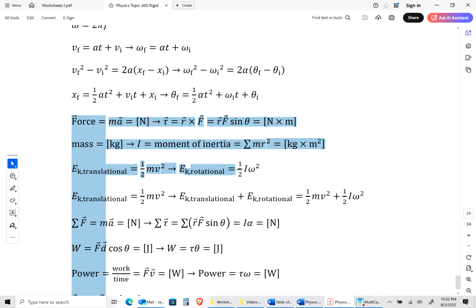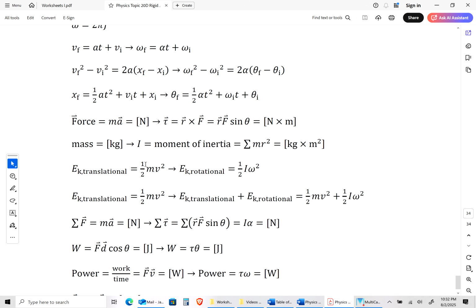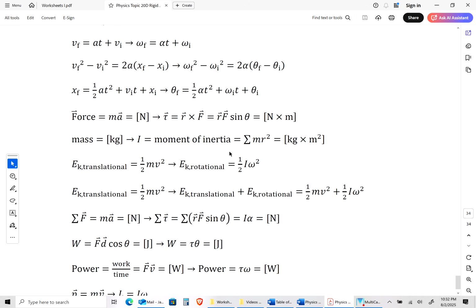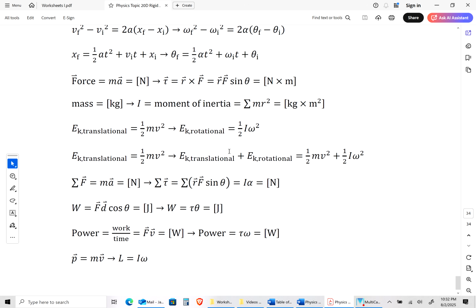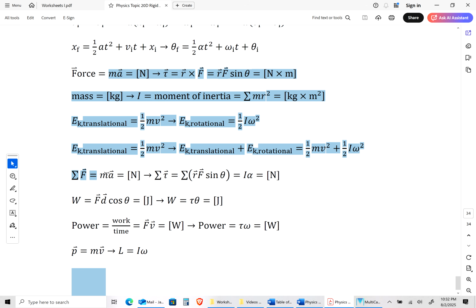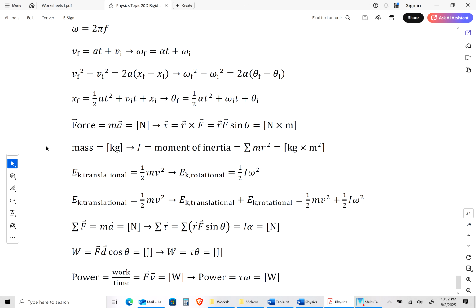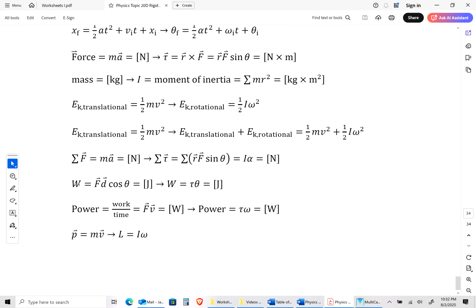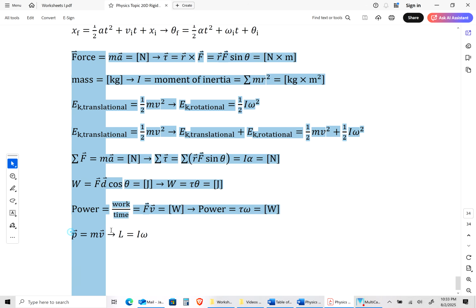Kinetic energy translational becomes kinetic energy rotational: 1/2 mv squared becomes 1/2 I omega squared. Here we go, F equals ma becomes torque equals I alpha. That's correct. Work equals Fd cosine theta becomes work equals torque times theta. Power equals Fv becomes power equals torque times omega. And p equals mv becomes L equals I omega.